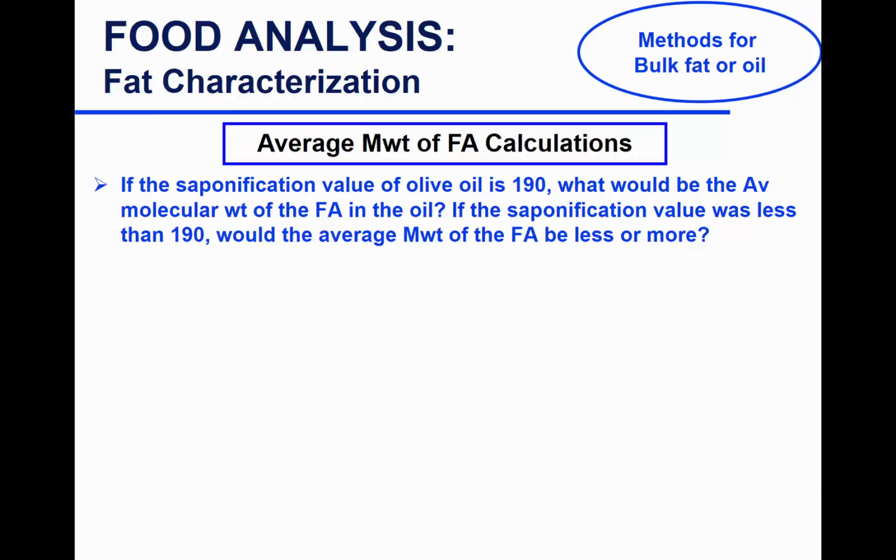So 3 fatty acids plus glycerol, which is 92 grams per mole, equals 885 grams per mole plus 3 times 18 grams per mole.